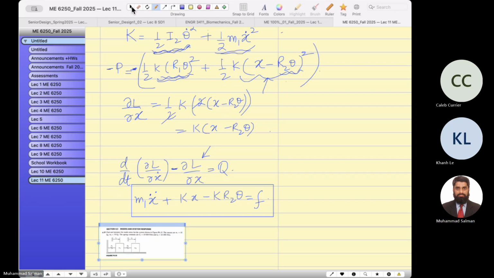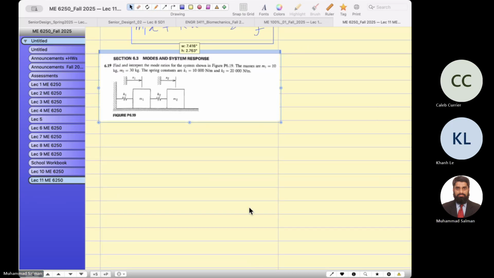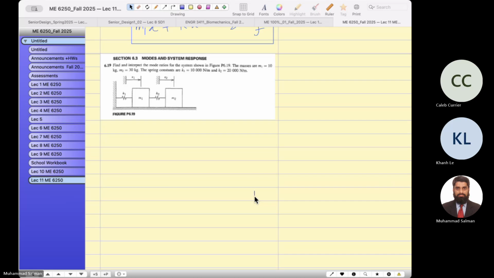So please derive the equation of motion.